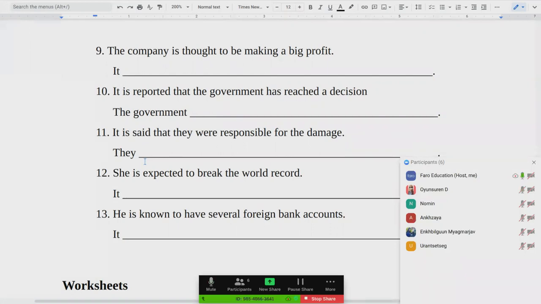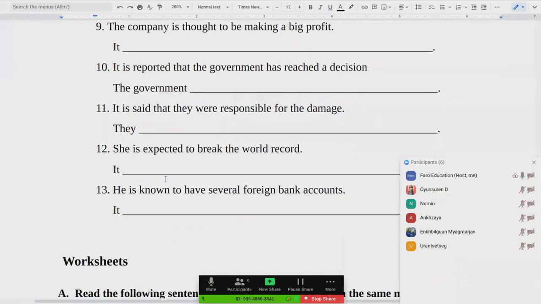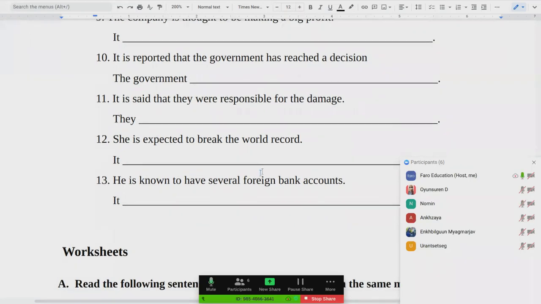So, 10. It is reported that the government has reached a decision. The government is reported to have reached a decision.